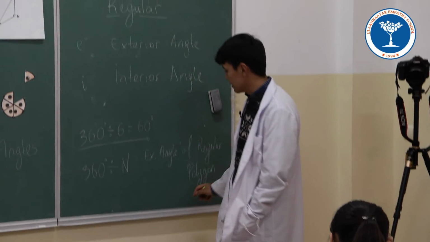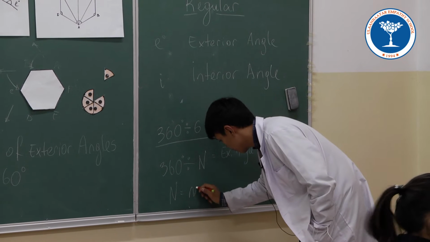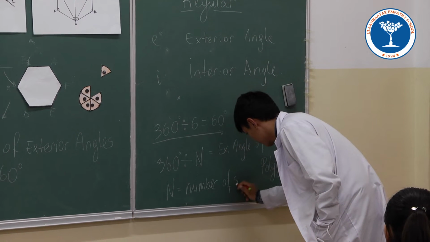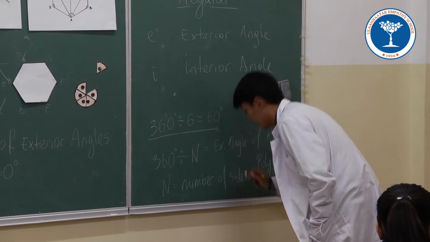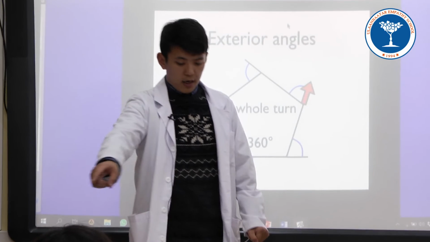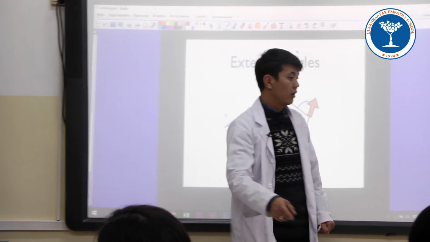So, n stands for number of sides. Understand? Did you understand it fully? You can look at the cheat sheet too, okay?